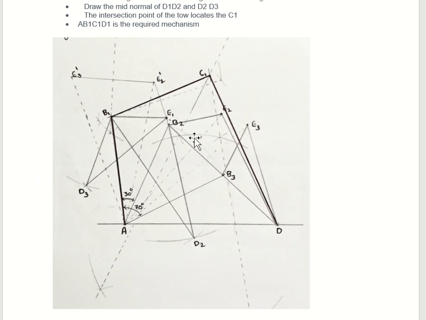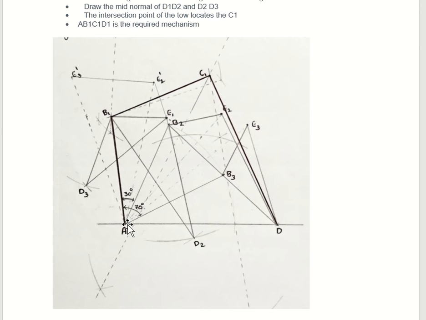Now we will be rotating the line joining A E2 in an anticlockwise direction by the given angular displacement of theta 1 2 equals 30 degrees.